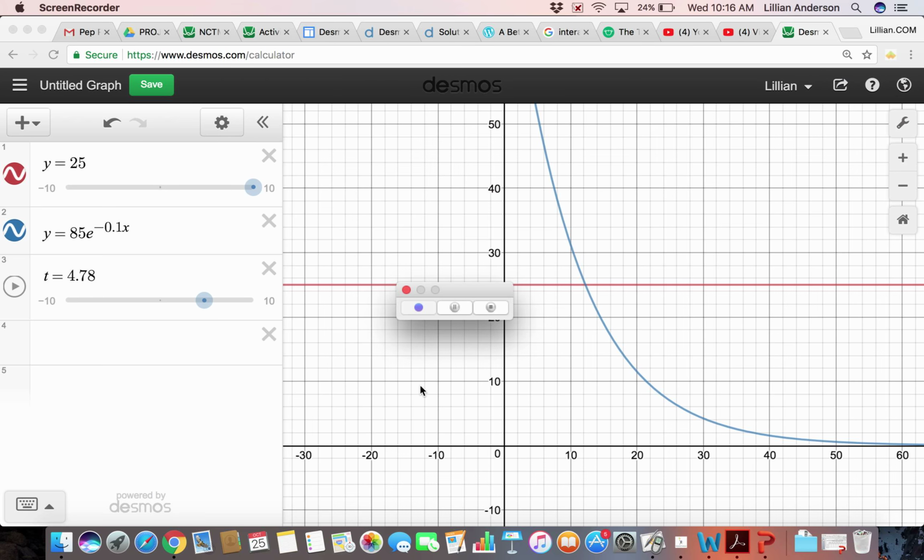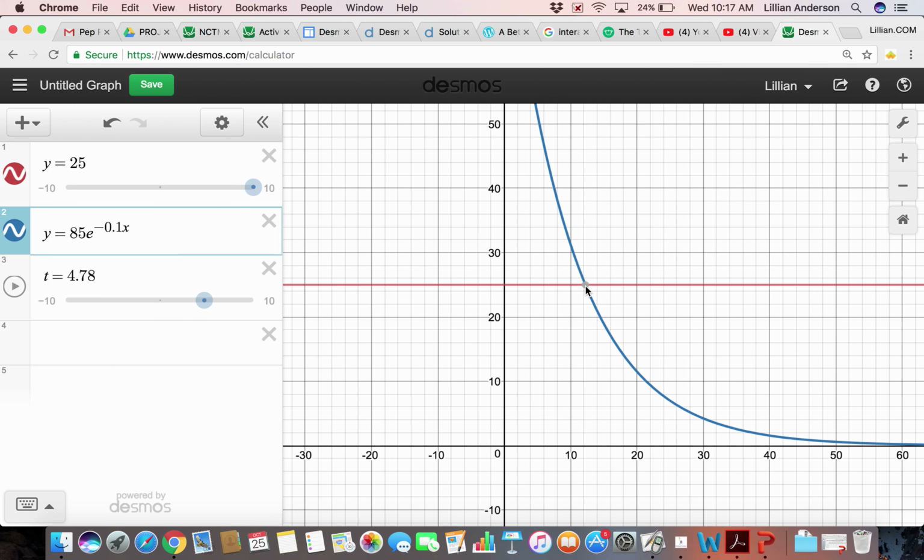Now for me, I'm going to use this application called Desmos, which allows me to graph these two curves, so I can at least show you a little of what your graph should look like. As you see, they intersect right here, a little bit after 10, maybe even a little after 12. I'm looking for that intersection point.